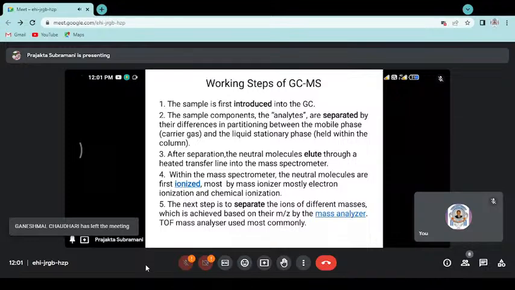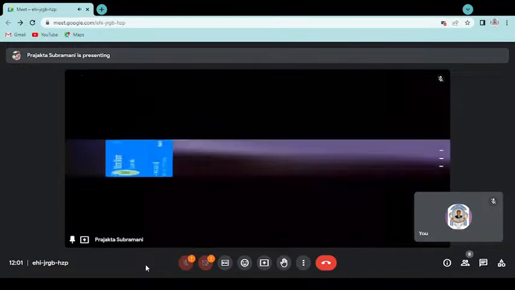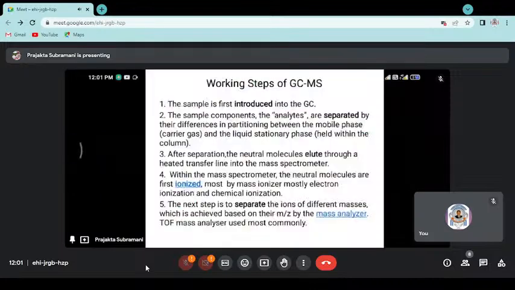After ionization, the next step is to separate the ions of different masses according to their mass to charge ratio, and they are detected by the mass analyzer. The most commonly used mass analyzer in GCMS is the TOF, time of flight mass analyzer. So this is the working of GCMS.